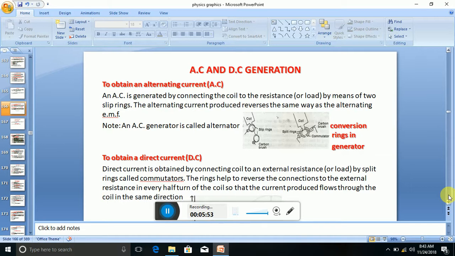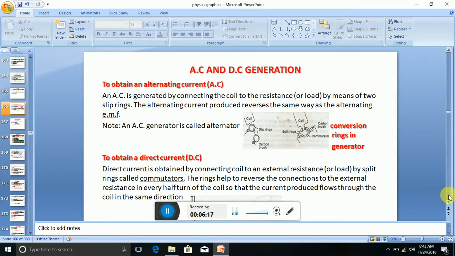The alternating current produced reverses the same way as the alternating EMF. Note, an AC generator is called an alternator. So the diagram shows this very coil being separated by the carbon brush and the slip rings.